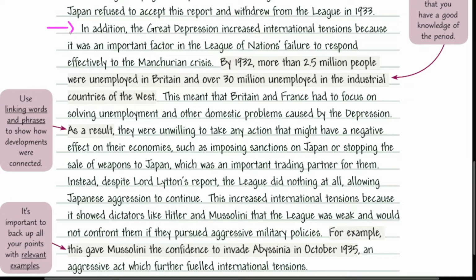This is a very interesting one. When we use the word domestic here, it means internal problems, problems that they had in their own country. As far as we can understand from the writing, one of the reasons they didn't act in a stricter, more direct way to stop the aggressions is that they were weak, solving problems inside their own countries.